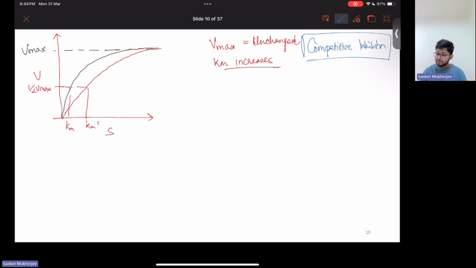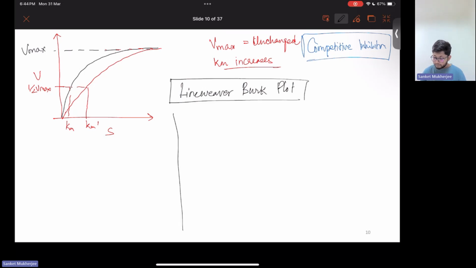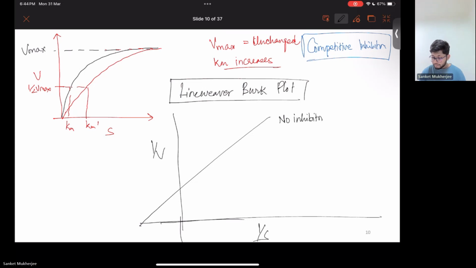If we see a Lineweaver plot, which is exactly the plot which we use to find out the type of inhibition, it is a plot between 1 by V and 1 by S. In absence of inhibitor, this is, let's say, the plot, and alpha is equal to 1, right?